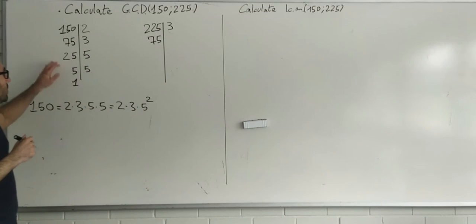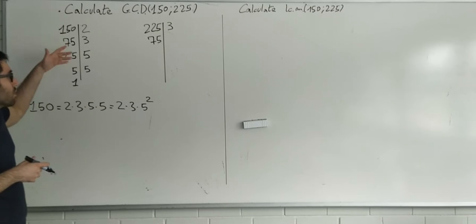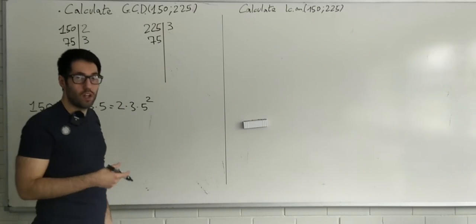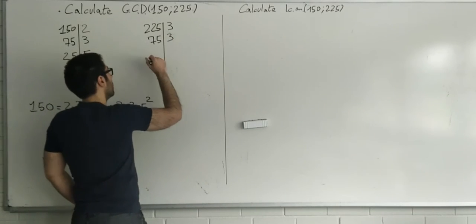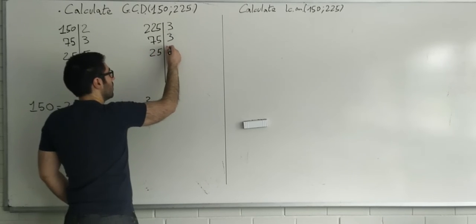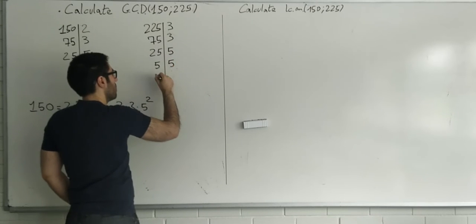We already decomposed this number in prime factors, but we can repeat the same reasoning. The sum of the digits is 12, a multiple of 3, therefore we can divide it by 3. 75 divided by 3 is 25. You're already familiar with these operations. We're just going to go through them pretty quickly.